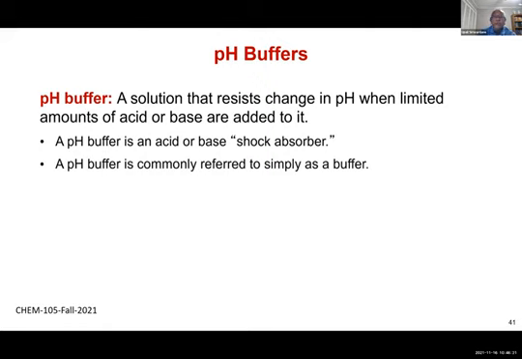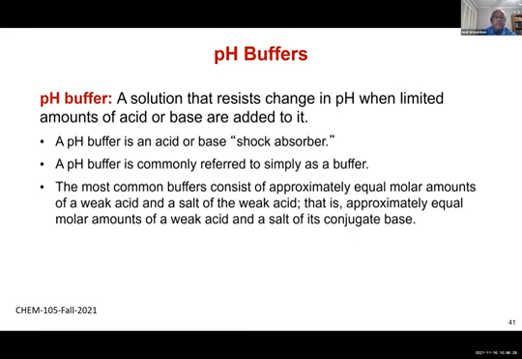The pH buffer is normally called a buffer. The most common buffers consist of approximately equal molar amounts of a weak acid and the salt of a weak acid. The weak acid, for example, acetic acid is a weak acid.